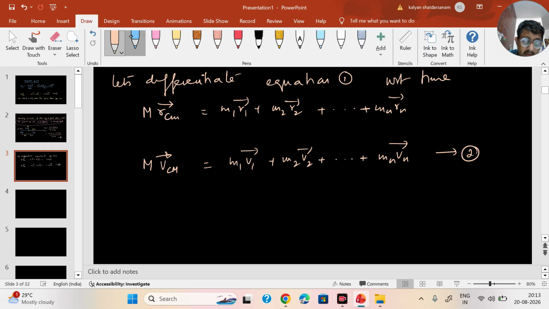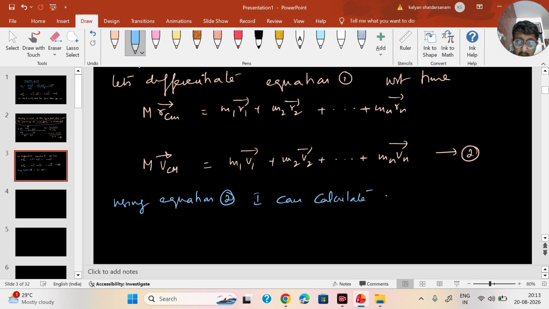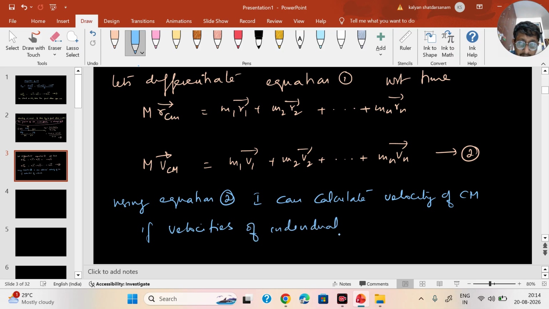First, using equation 2, I can calculate velocity of center of mass if velocities of individual particles are known.